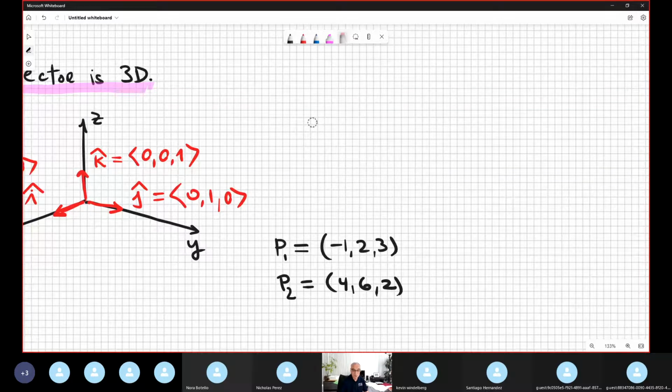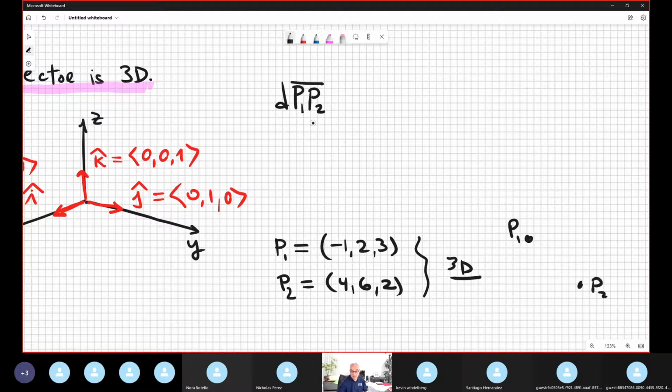The most important for me now is, for example, using the distance formula, the distance between P1 and P2. So we have 2 points in 3D. Promise, you'll see it in GeoGebra when we switch the screen. My goal is connecting P1 and P2 in the space, and we have a segment, and you find the length of this segment.